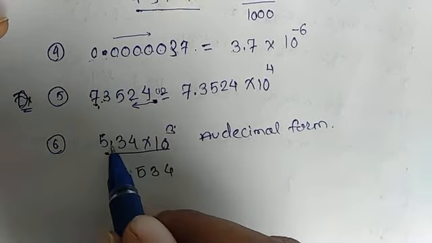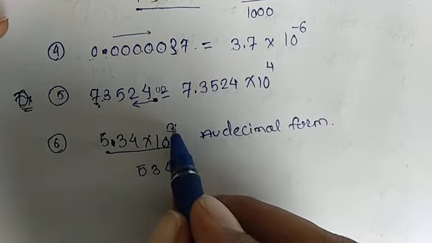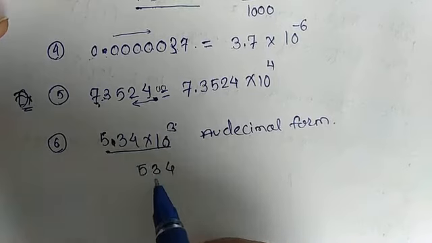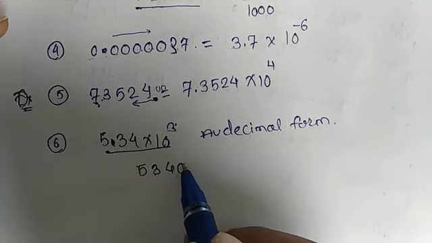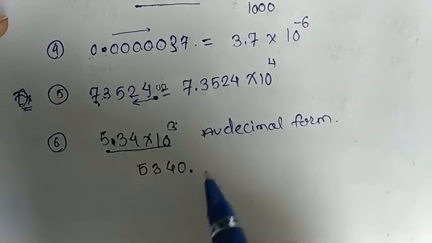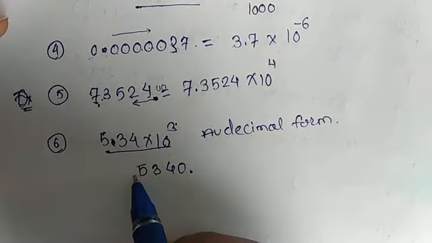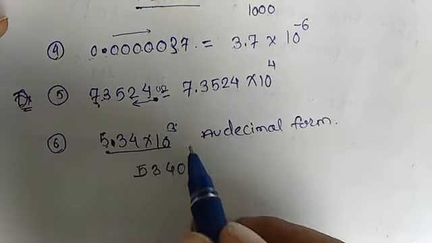The point is after 5, so we have to go 3 places after the point: 3, 4, and here no term is there, so you can add 0, and after that you give a point. So its decimal form is 5340. Okay, 5340 is the decimal form of 5.34 times 10 raised to 3.